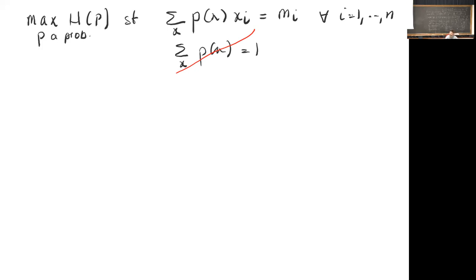Whatever function I obtain, I will then normalize at the end. It's the same as considering a generic function and adding this constraint. It's just the two points of view. So let's forget this constraint, and implicitly at the end we'll normalize what we obtain.